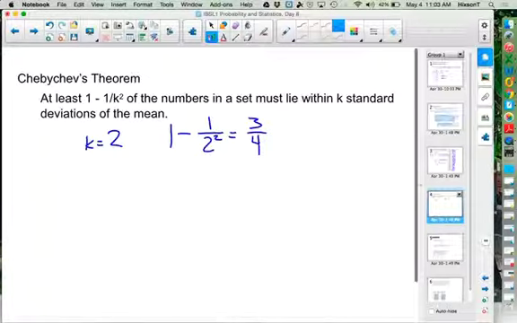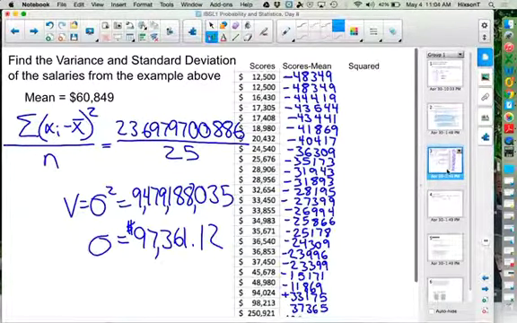Okay, if we go back to this data here, the mean is 60,000. If I subtract the standard deviation, I'm in the negative, so I know I don't even have to go down any further. But if I go up a standard deviation, that's about 157,000. If I go up another standard deviation, that's about 254,000. Okay?